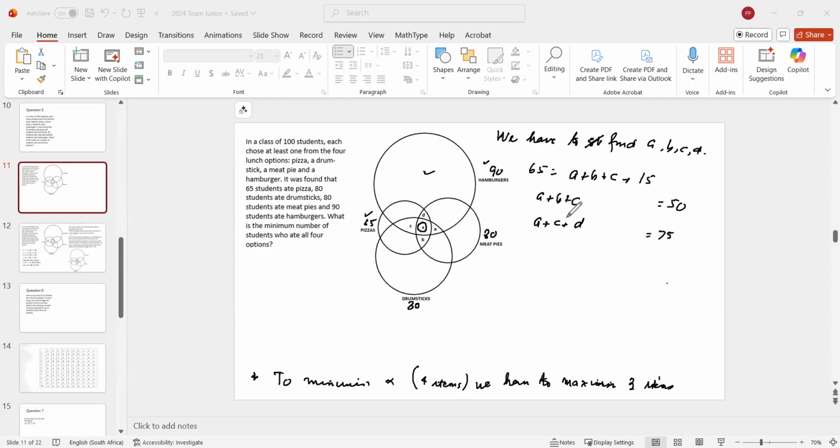So likewise, now here D is removed, here B is removed. Let me remove A, that'll give me B plus C plus D.